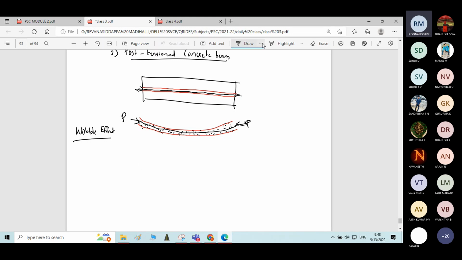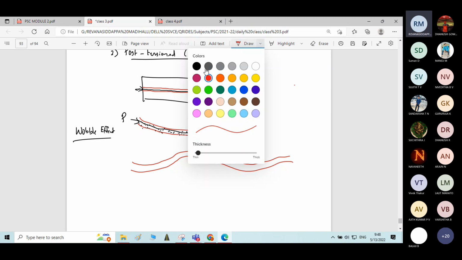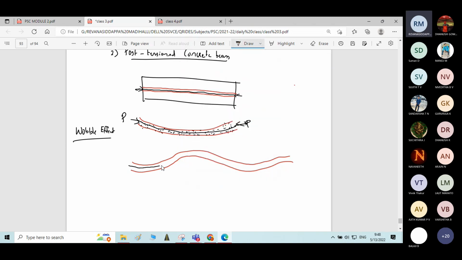Assume that in a post-tension concrete beam, the cable profile is something like this. While doing actual execution at the site, there will be some misalignment in this cable profile.